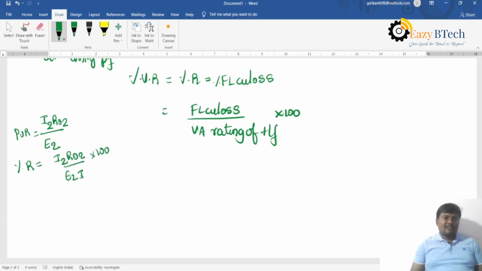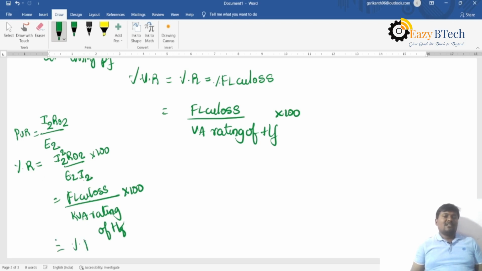So multiply with I2 and divide with I2. I2 square R02 is the full load copper loss divided by kVA rating of transformer multiplied with 100. This is called the percentage full load copper loss.